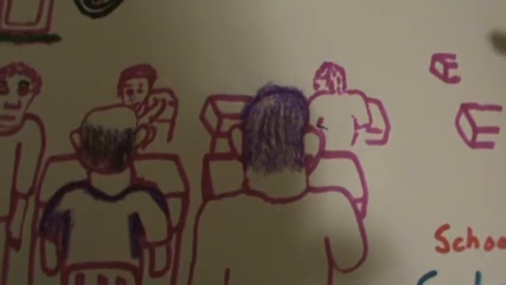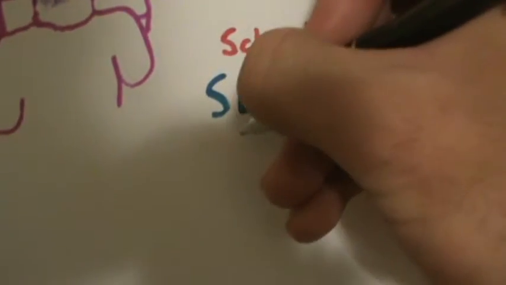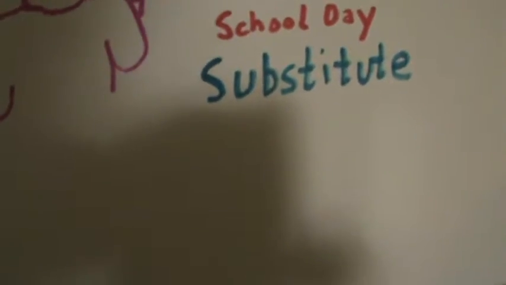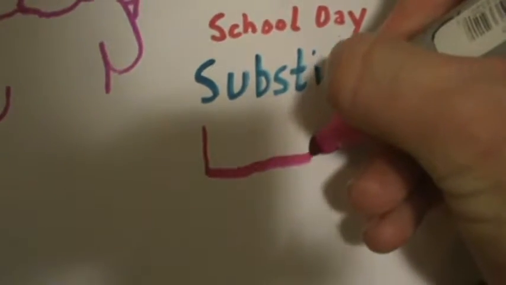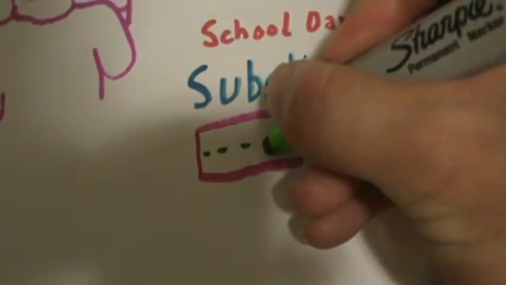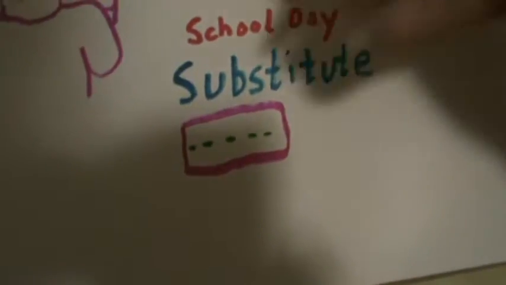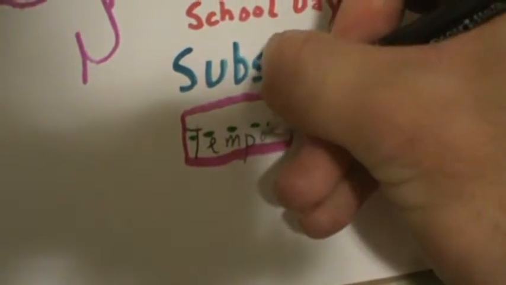Most of us would probably think about most substitute teachers a lot of times that a good example is a temp. A lot of people may think of them as temporary, somebody who is there temporarily.